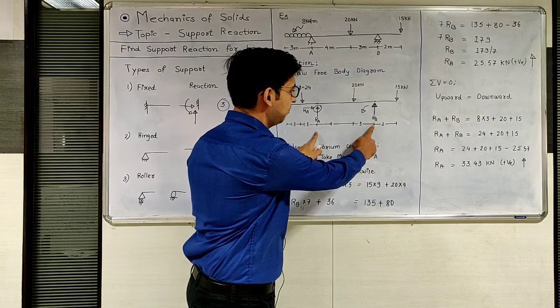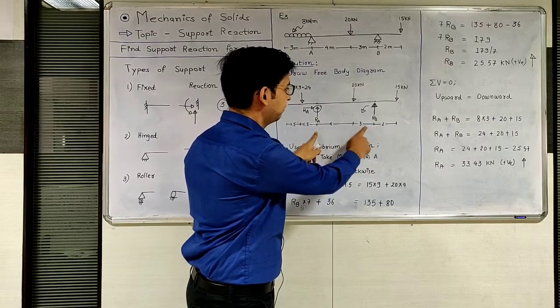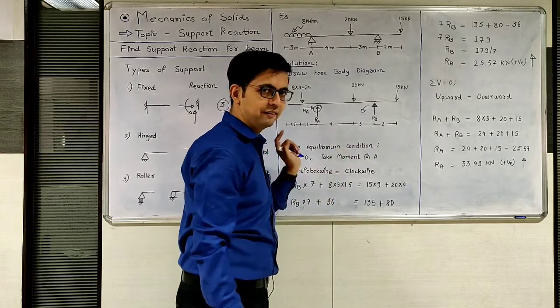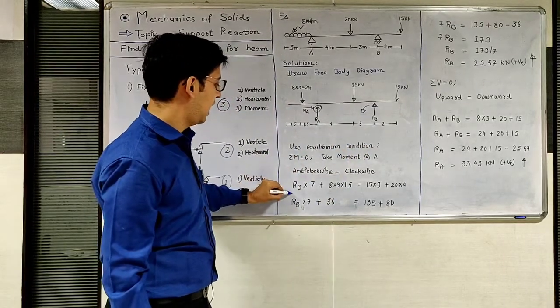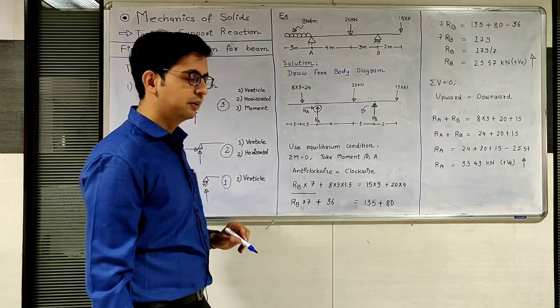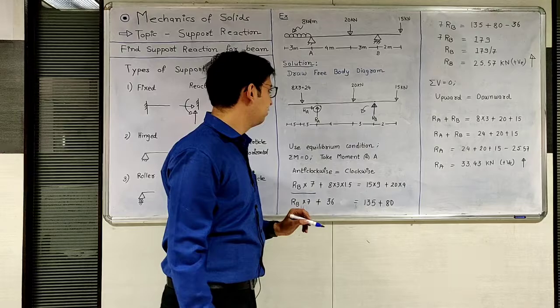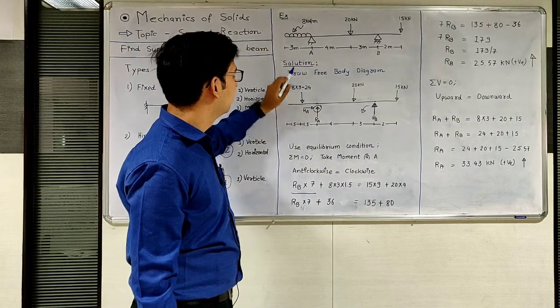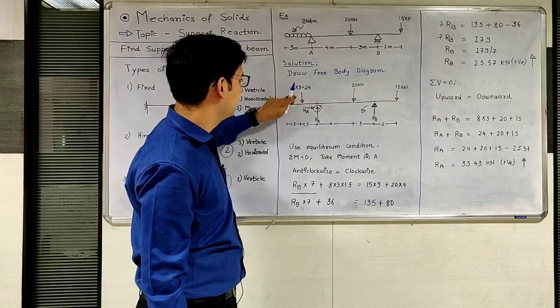Now from B point to A point, the perpendicular distance is 3 plus 4, so 7. So RB into 7, first anti-clockwise moment. Now the second moment is due to the UDL to point load conversion.